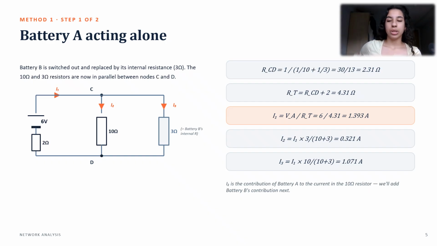Now we need to find I2 and I3. As 1.393 amps branches, for the 10 ohm resistor we multiply I1 by 3 divided by 13. And for I3, we multiply I1 by 10 over 10 plus 3.